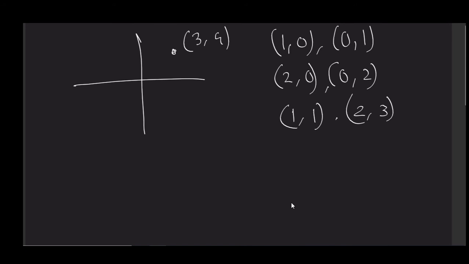Obviously you can see that whatever I am writing here, they are linearly independent of each other. This is a set of basis vectors, this is a set of basis vectors, this is another set of basis vectors. You can have another set.